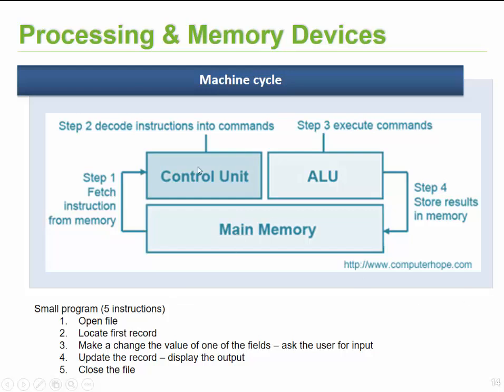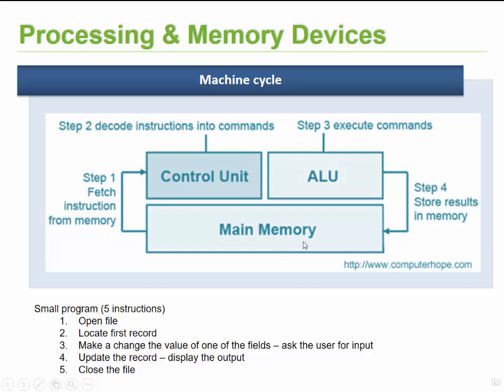First of all, the control unit will fetch the instruction from memory. So it's going to receive the instruction. Then it's going to decode the instruction, so it's going to change it into a command that can be recognized. The ALU will take that decoded instruction, it's going to execute the command, and whatever results it obtains, it's going to take those results and save it back into memory.